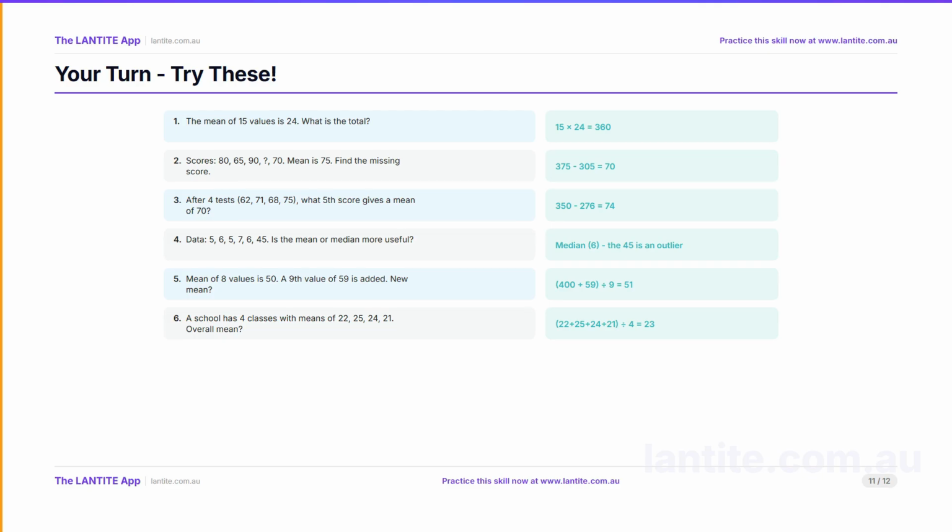Problem 4. The mean of 8 values is 50, and a ninth value of 59 is added. What is the new mean? Problem 5. A school has 4 classes with mean sizes of 22, 25, 24, and 21. What is the overall mean class size? Check your answers when you are ready.